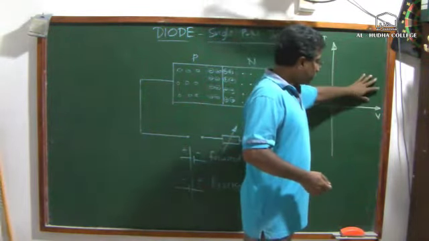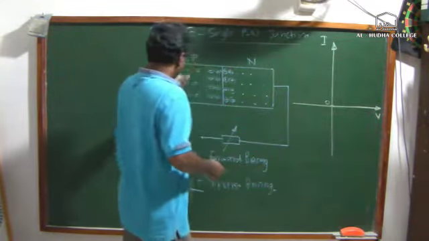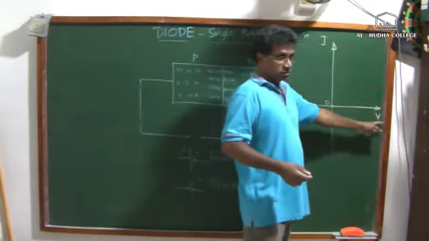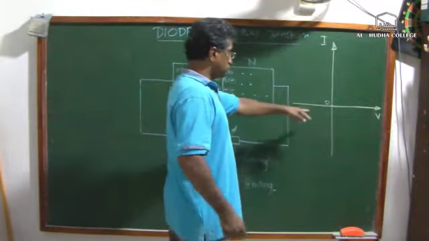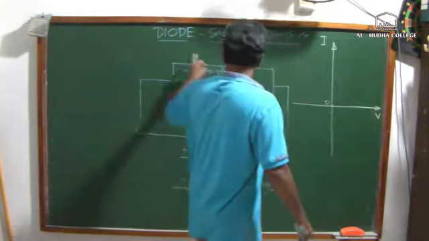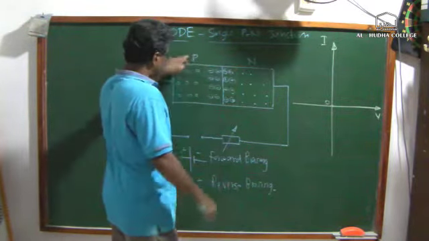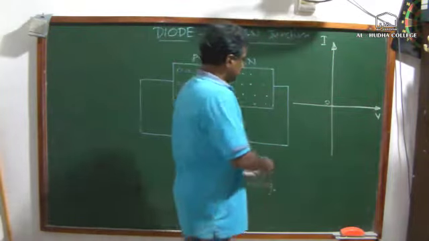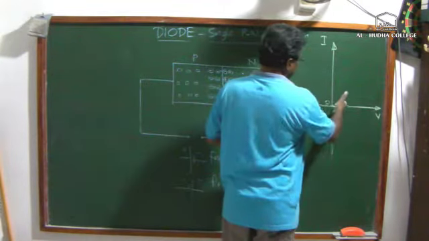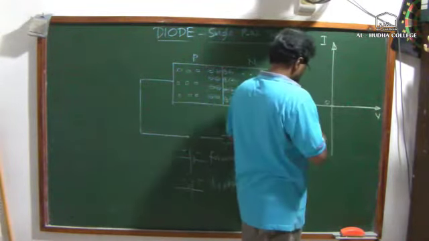Positive voltage means P-type receives the positive voltage. That is a convention. If P-type gets the negative supply, it is this way. So the current will be positive.